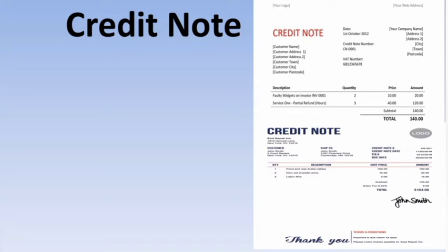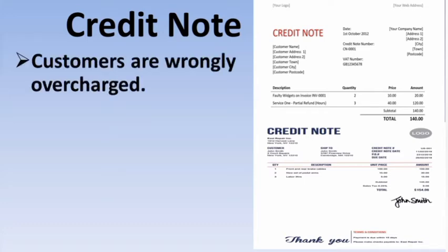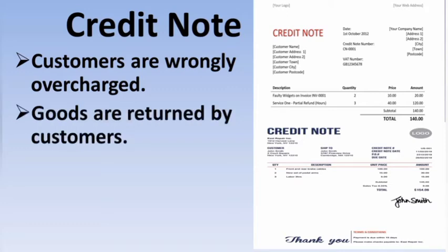The credit note is issued by the seller when customers are wrongly overcharged, when goods are returned by a customer, when the goods supplied to a customer were damaged in transit or are of low quality, and also when the seller is unable to supply goods already paid for by the buyer.